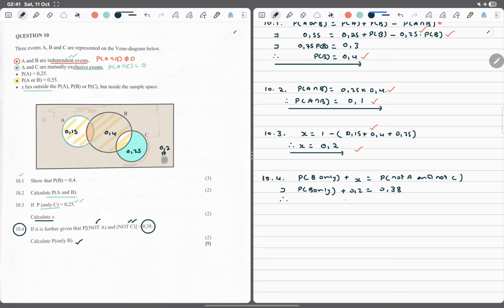So therefore P of B only, it is not P of B as a whole, right?